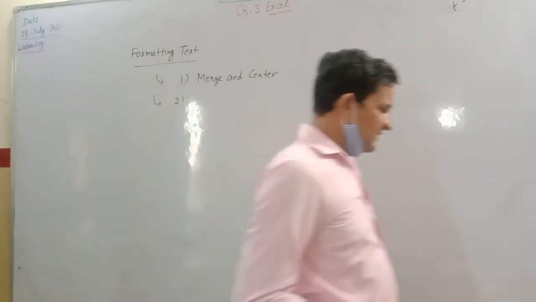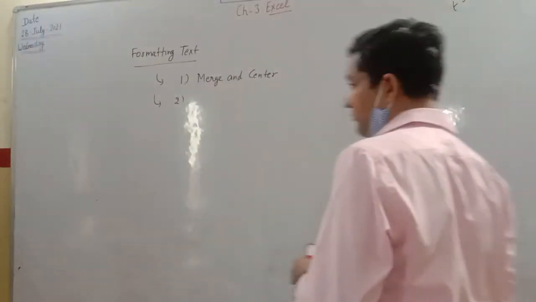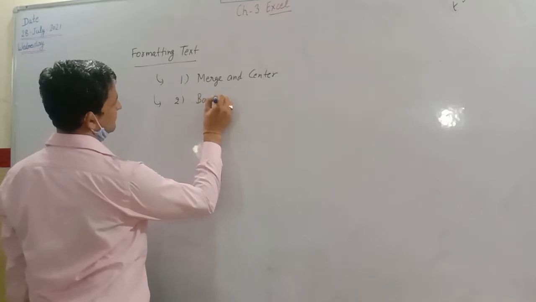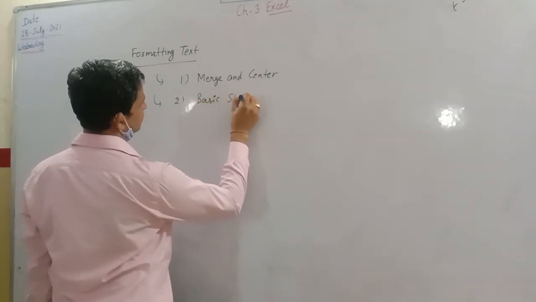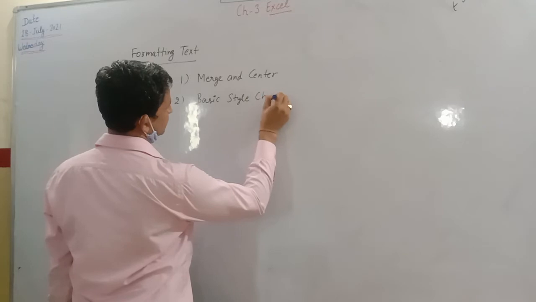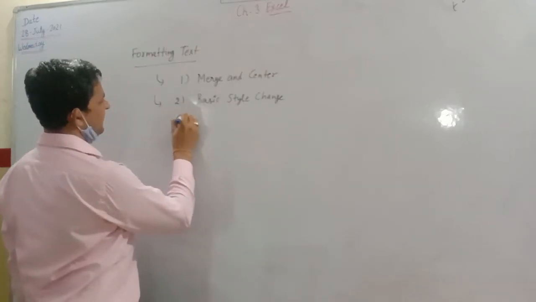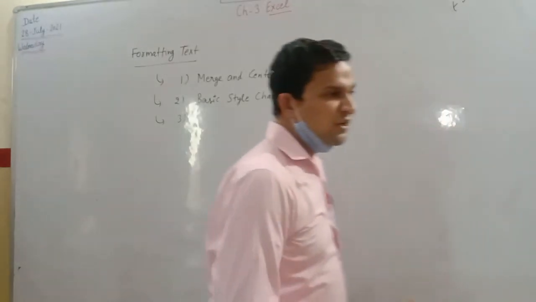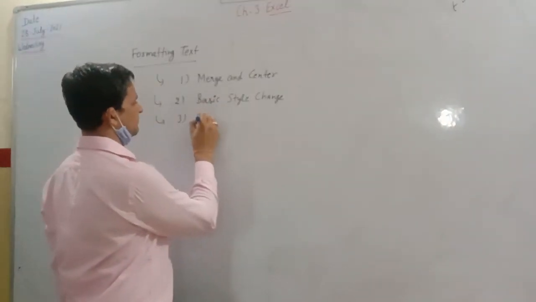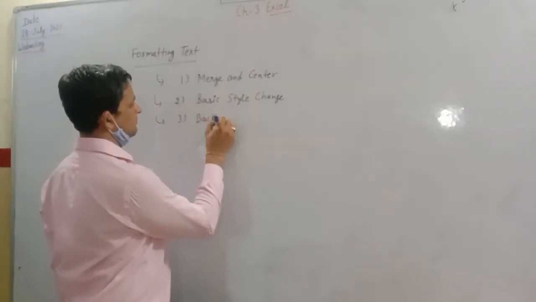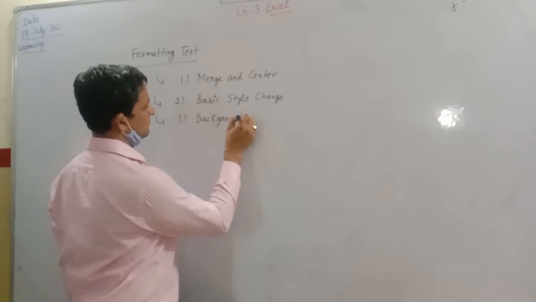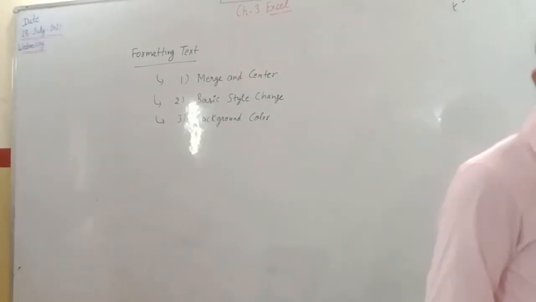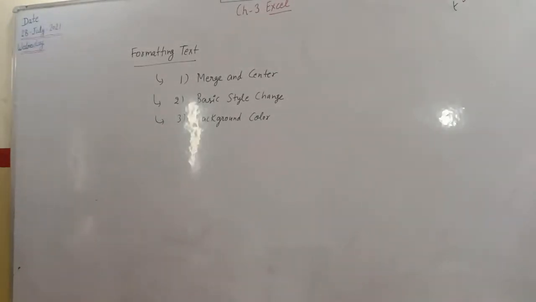The second option that we will discuss is basic style change. And the third point, we will discuss background color. First option, that is merge and center.